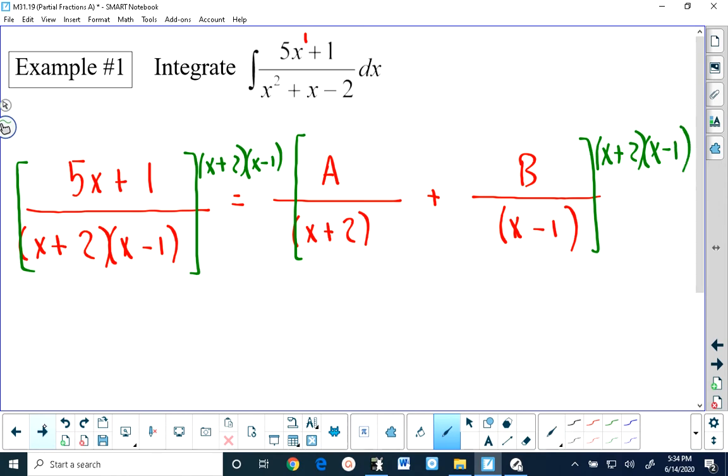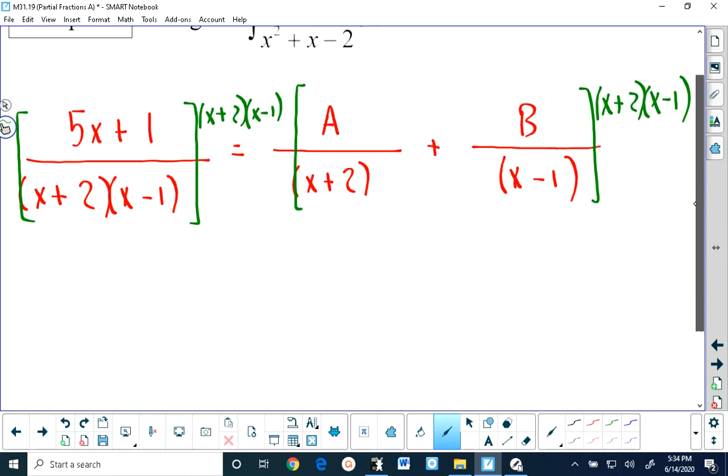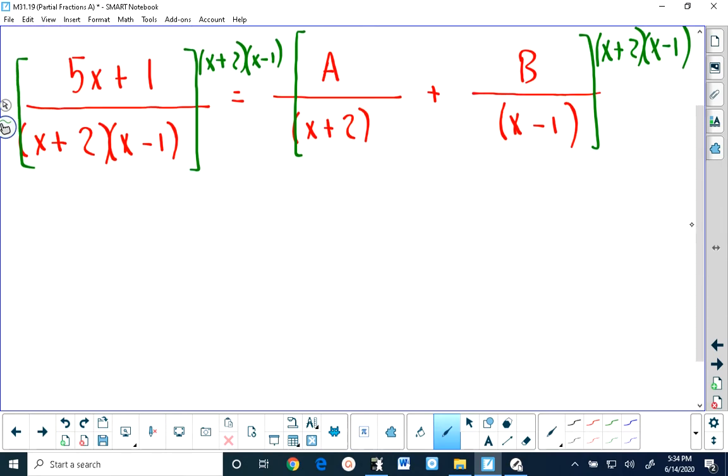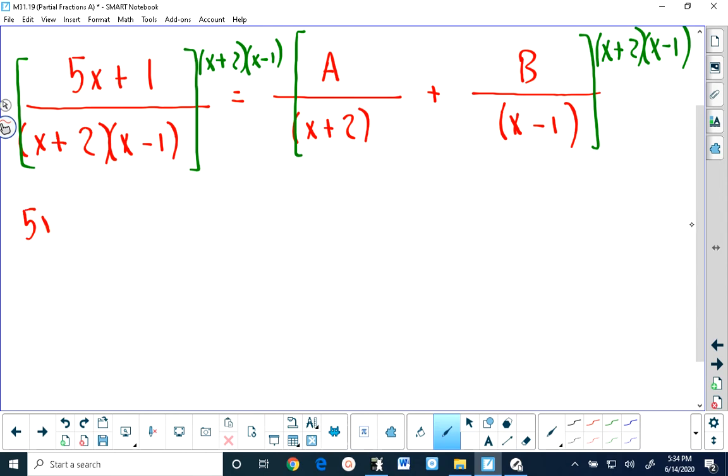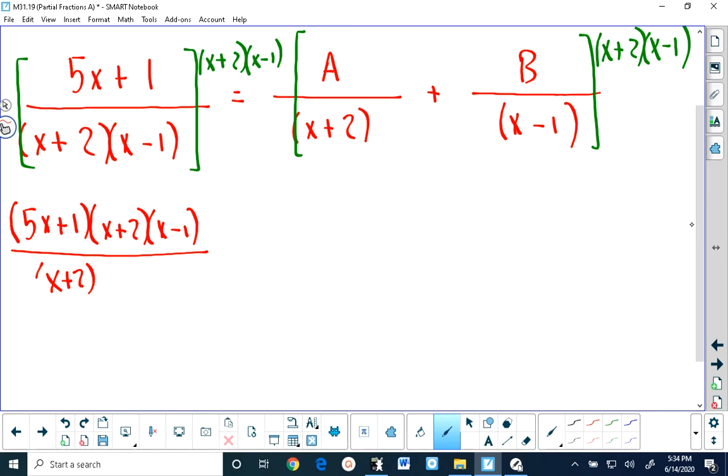And if we were in class together, I probably would skip this next step, but I don't want to leave anybody in the dirt here. What I then have is (5x+1) multiplied by that (x+2)(x-1), and it's over (x+2)(x-1).